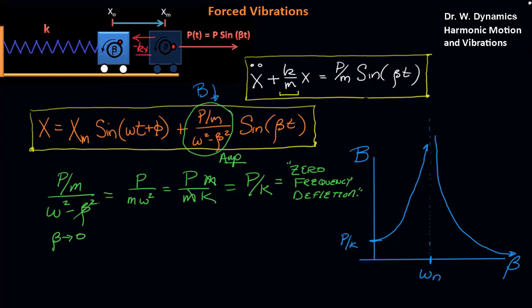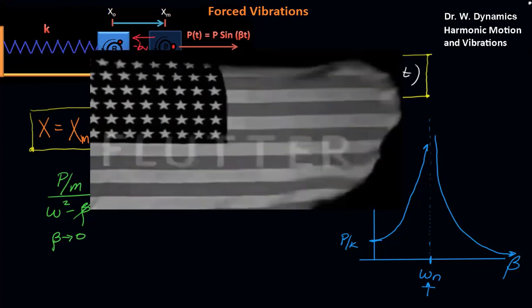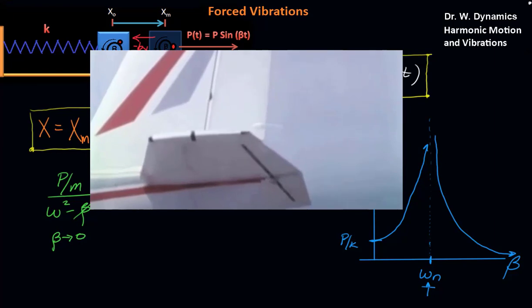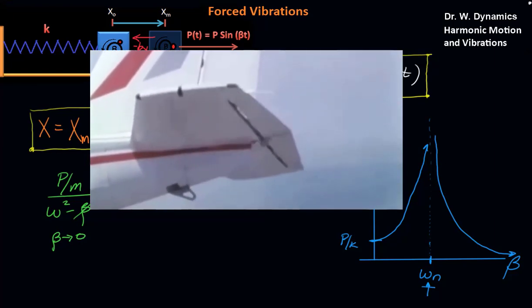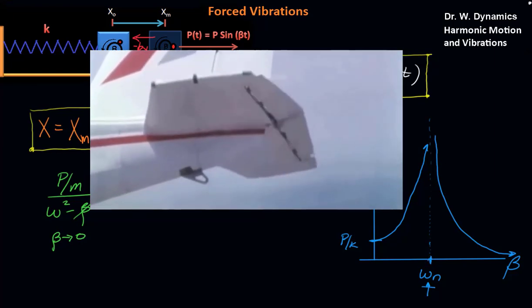So for beta approaching the natural frequency of the system, we can have a resonance problem here where there'll be a rapid growth in amplitude of the system, which could be quite destructive.